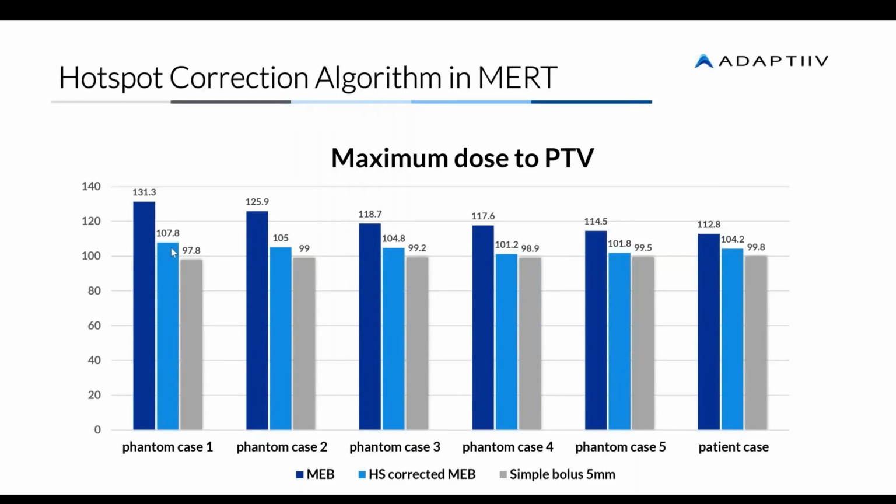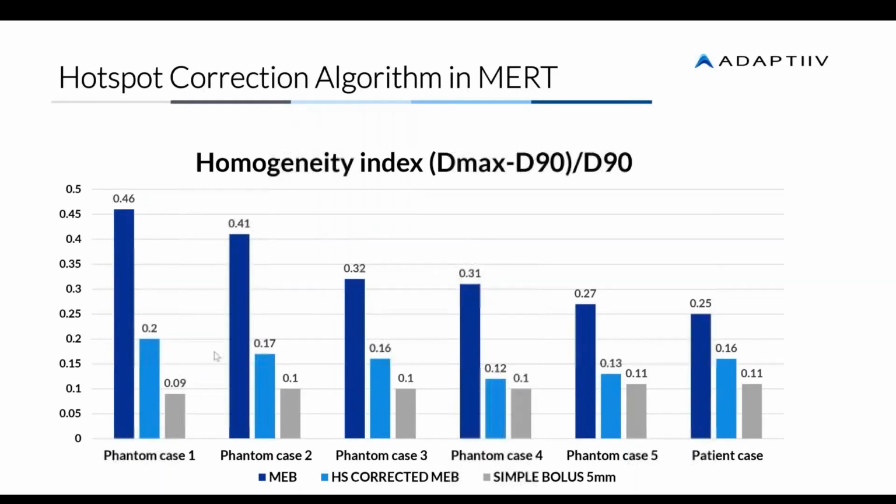But not only that, while doing that, we can at the same time maintain dose conformity, and I would say for the first time now we can account for both dose conformity and dose homogeneity to the PTV by using electron RT treatment plans.